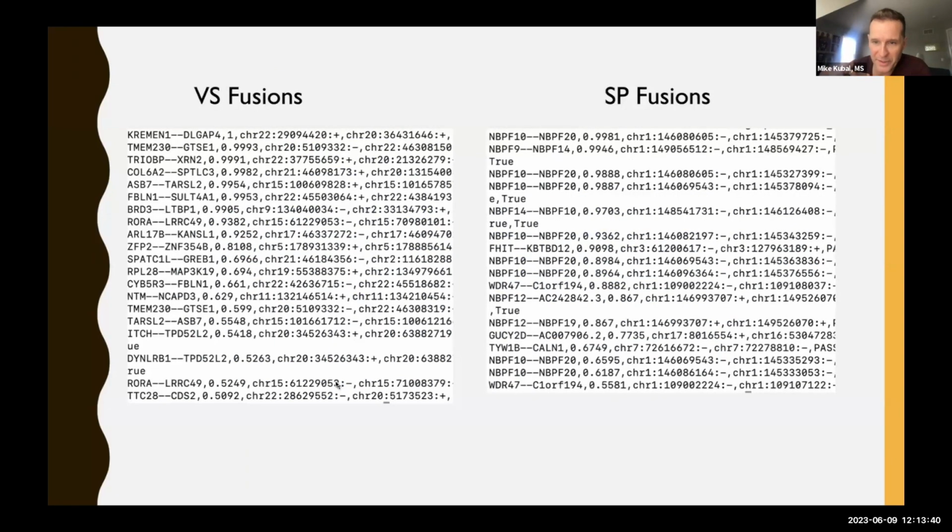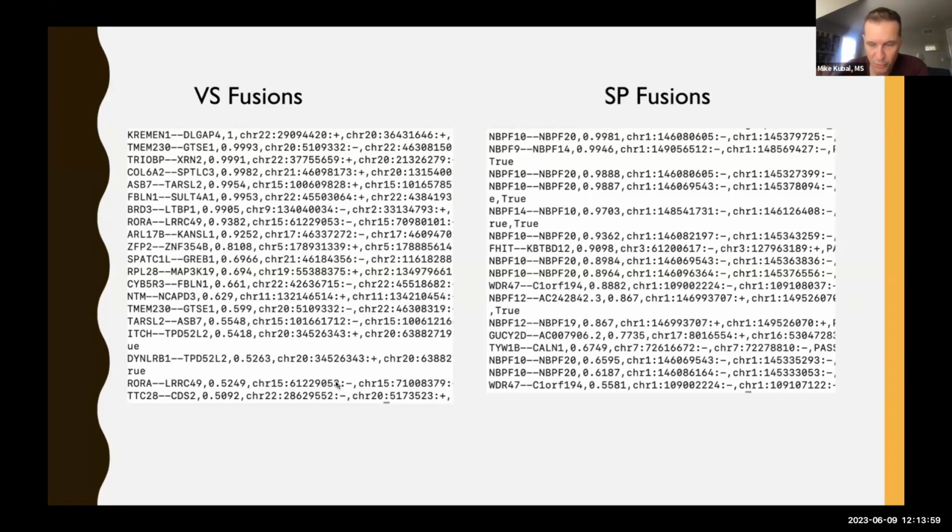So one of the other things that came out of the RNA-seq analysis that we ran was, both in Shirley and Vanessa, from the last time point we had for each one of them, a large number of fusion transcripts came out of it.